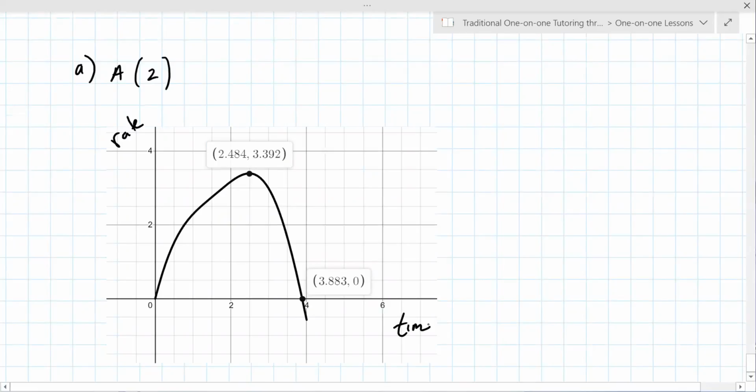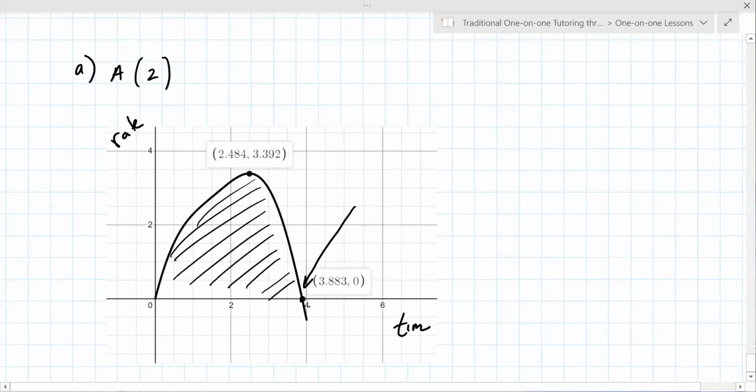And I could ask you from the graph to tell me, well, what's going on at this point here? What does this point mean? Because up until there, the area is above, so it's positive. But then right before 4, it goes negative. So is that a min or is it a max?